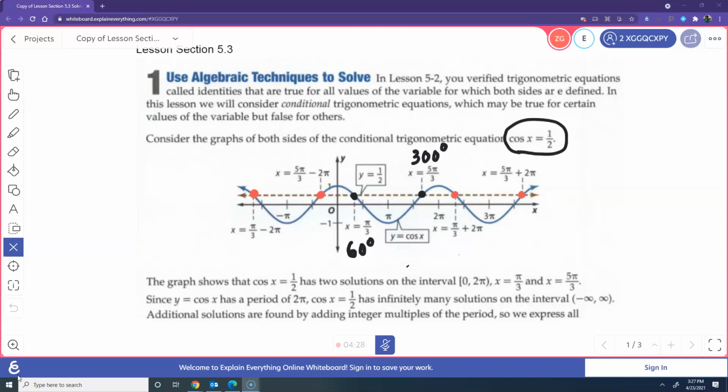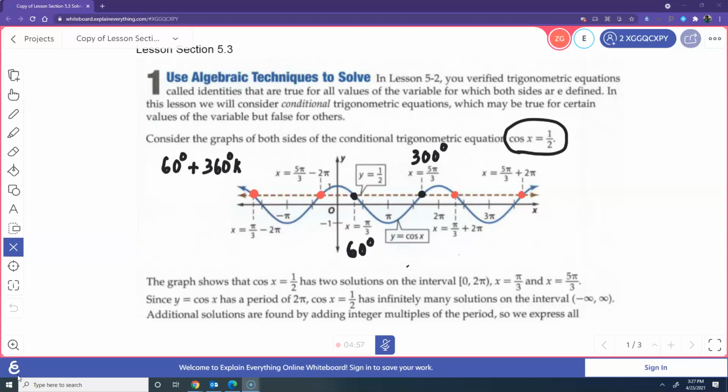To describe all those possible answers, I'm going to write the answer in degrees, and then in radians. The first time it happens is at 60 degrees, plus it occurs every 360 degrees times k, where k is any integer, positive or negative.